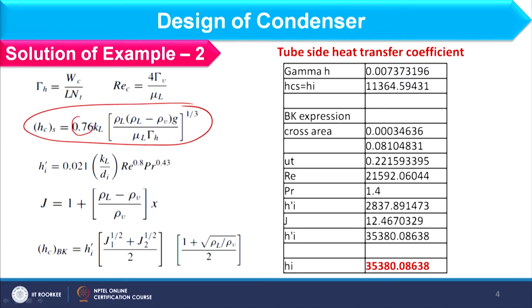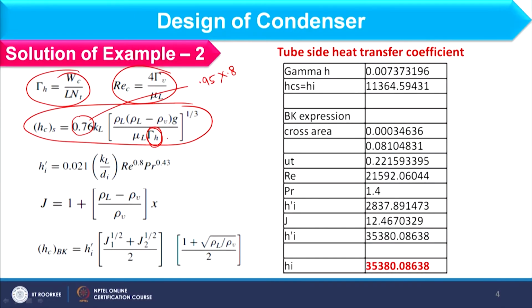So, here 0.76, that we can simply obtain by multiplying 0.95 with 0.8, and other properties are given to us. Gamma H is given as the tube loading, and that you can find out considering effective length using this expression, right. And Reynolds number we can find using this expression, and wherever this Reynolds number will be used, that we will see.